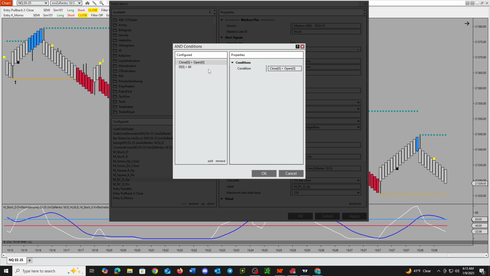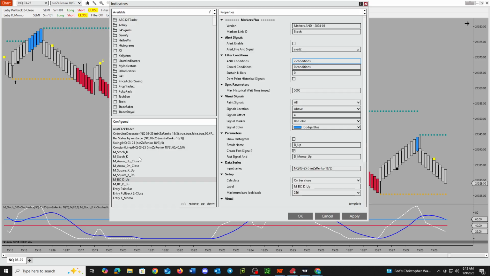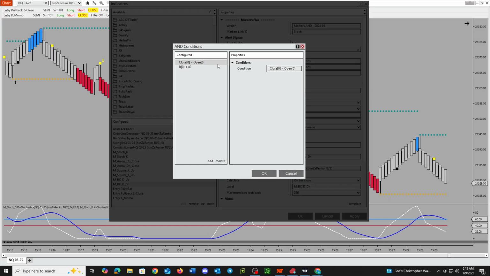You'll notice what's so simple about this is, close is less than open, D is less than 40.